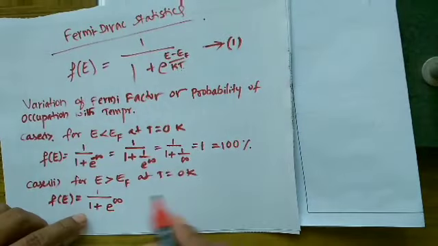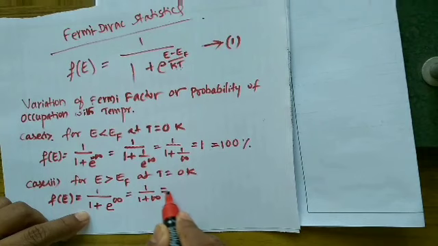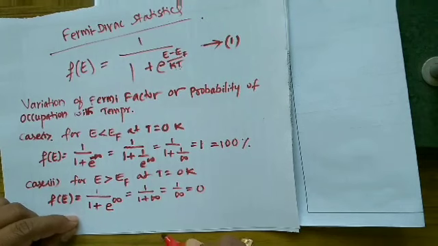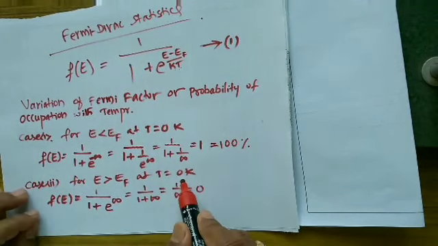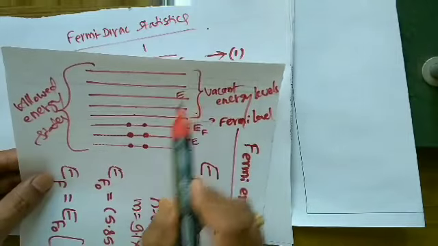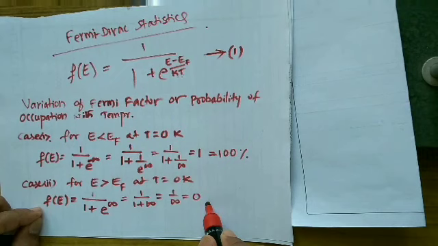In that case, this is equal to 1 divided by 1 plus infinity, that is equal to 1 by infinity, which gives you the value 0. That means at 0 degree absolute temperature, not even a single energy level is occupied by electrons at an energy level above the Fermi level. So all energy levels above the Fermi level are vacant. They are not filled by electrons. That's the meaning of the discussion of this case.